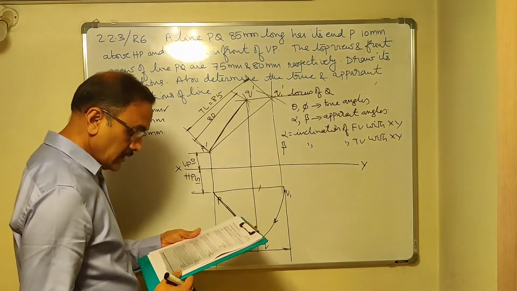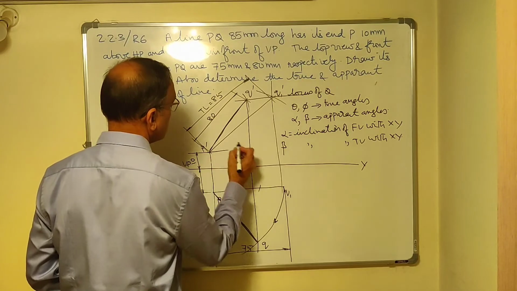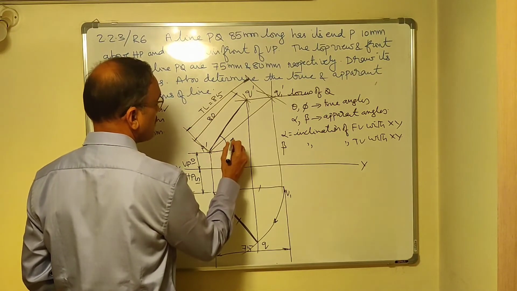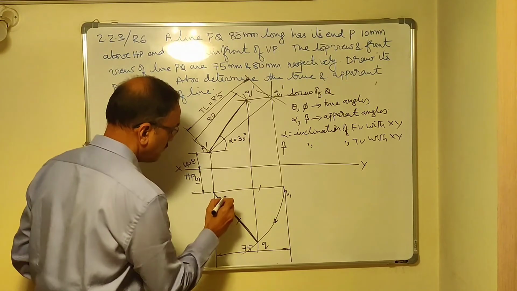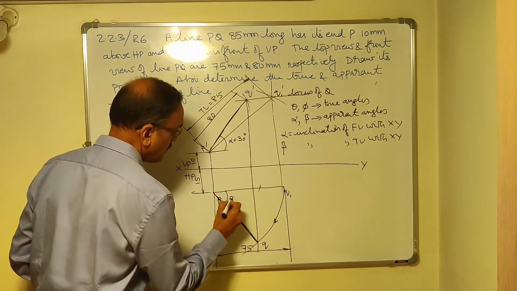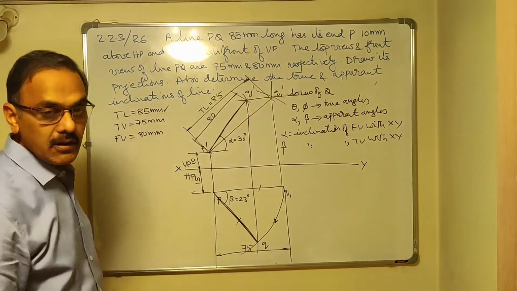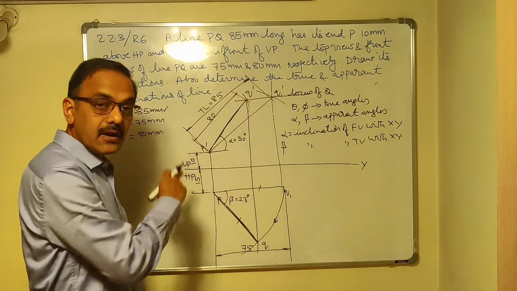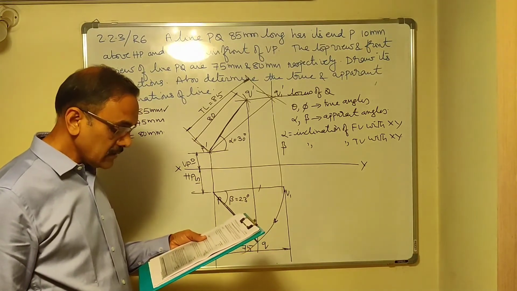Alpha is 30 degrees, beta is 23. This is alpha, 30. This is beta, 23. Alpha and beta are the inclinations of the front and top views respectively. 30 and 23. Done.